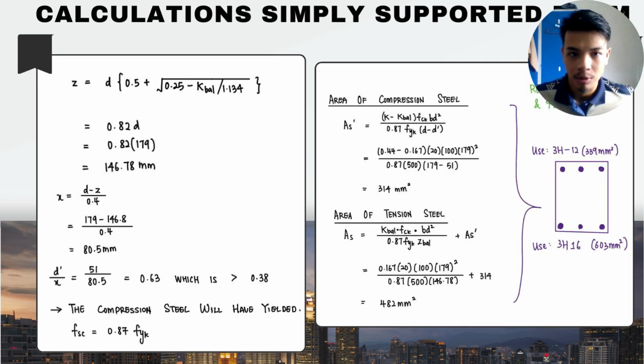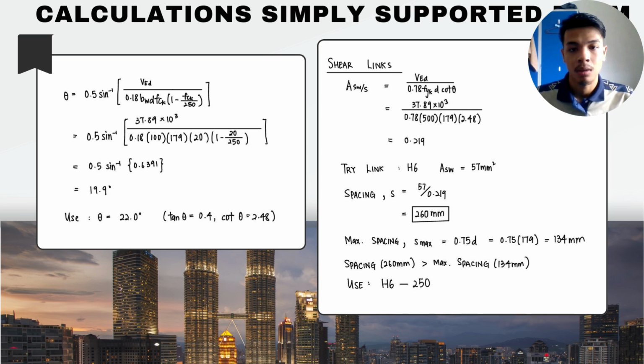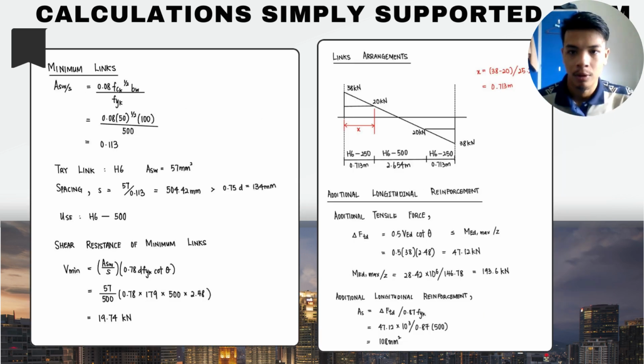After the calculation, we finally get tension steel of 3H16 and compression steel of 3H12. The maximum spacing we get is 250. For our minimum links, we also get H6 500.